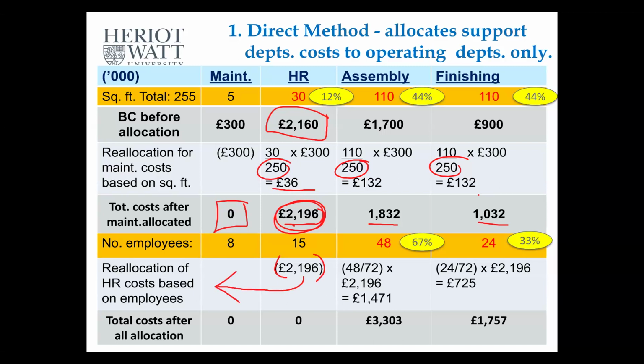But since this is a step-down method, we forget about the maintenance department. All this that we make here, we just go to the other department. So that's why the ratios that you consider are just 48 and 24. 48 over 72. Just these are the only numbers of human beings that you consider, the number of employees. These two here, you want to consider them.